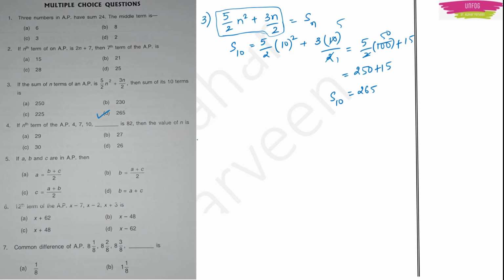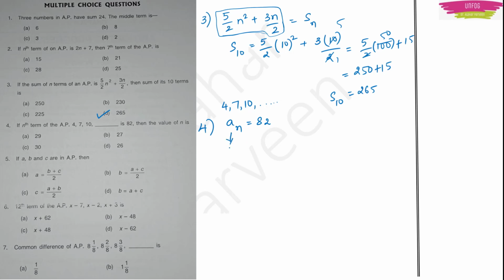Okay. Next, question number 4. If the nth term of the AP 4, 7, 10 is 82, then the value of n is. See here what they have told, an will be equal to 82. The arithmetic progression is there here. You write the arithmetic progression 4, 7, 10. We don't know what is the end, but an is 82.